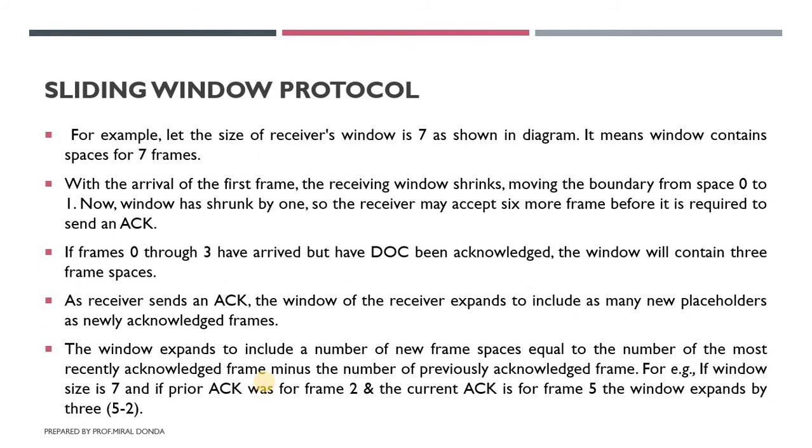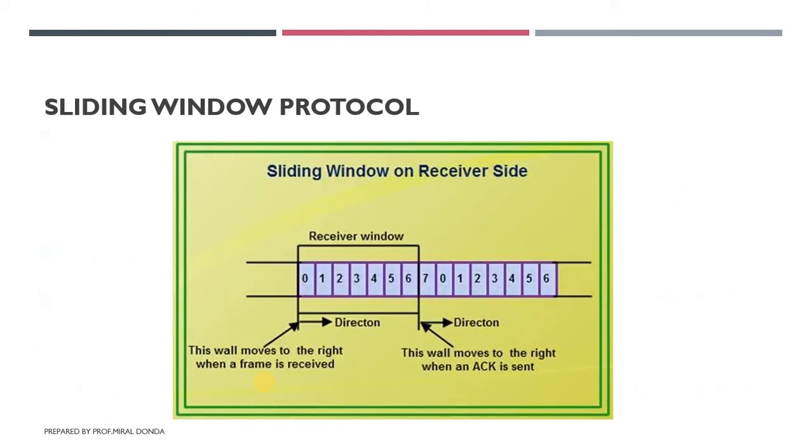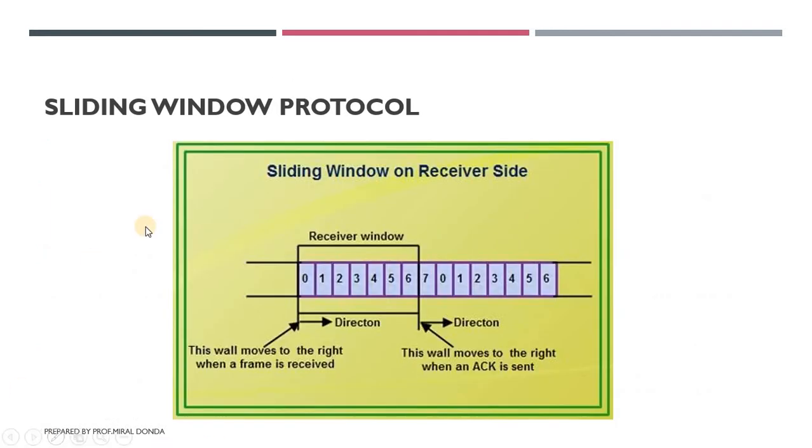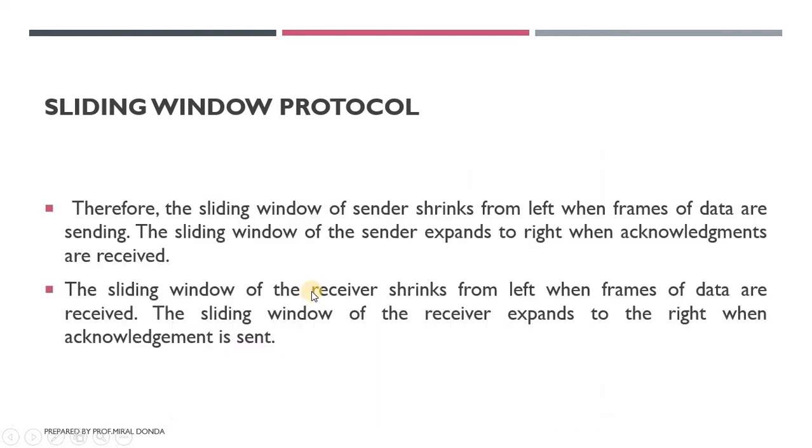For example, let the size of the receiver's window be 7, as shown in this diagram. It means the window contains spaces for 7 frames, so these are 0, 1, 2, 3, 4, 5, 6, the spaces for 7 new frames.